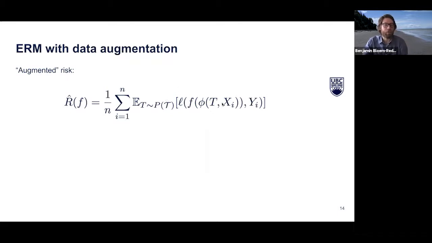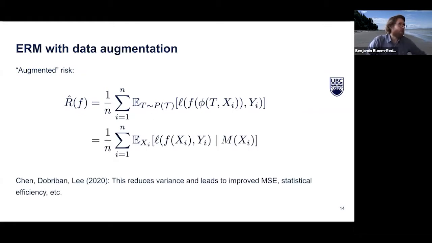So we apply some random transformations to our inputs, and we get this sort of augmented risk. In the case of a group, and actually I think we can say something a bit more general here, this corresponds to averaging over the orbits of X. So if you have equivalence classes induced by the action of your transformation, then data augmentation is actually averaging your loss over these equivalence classes of the inputs.